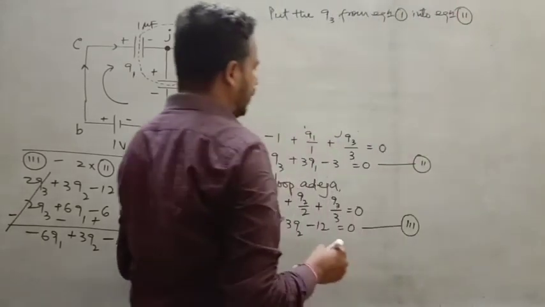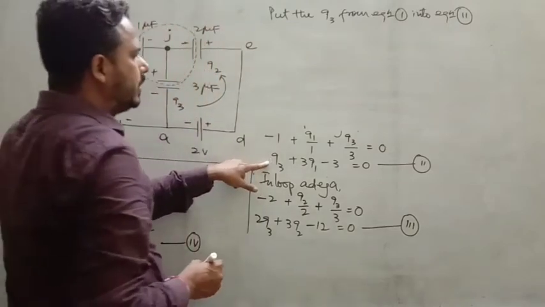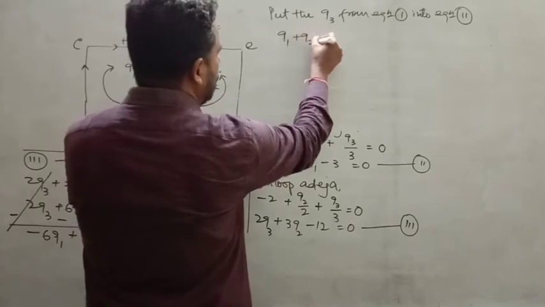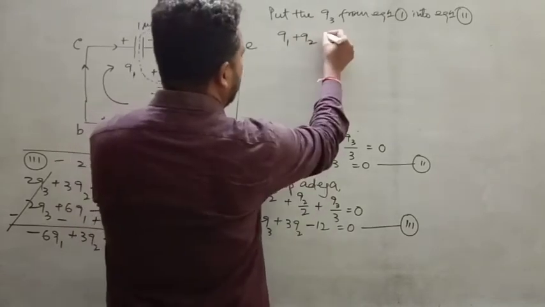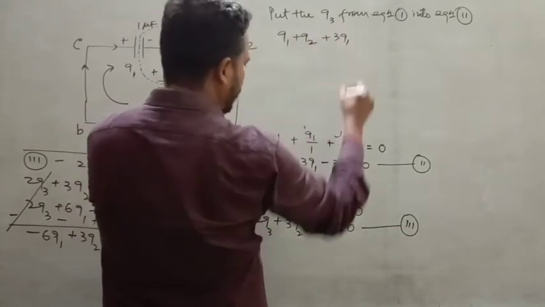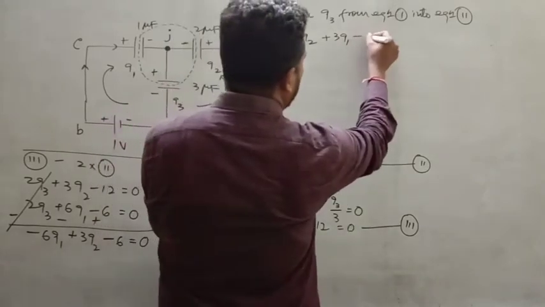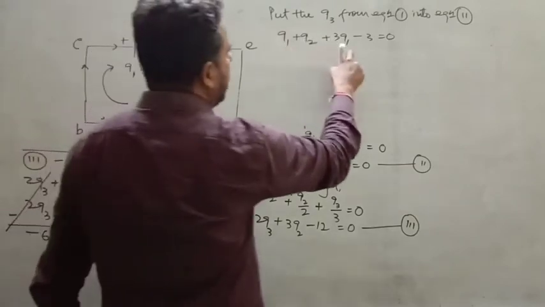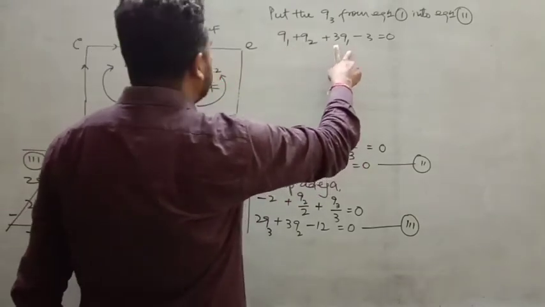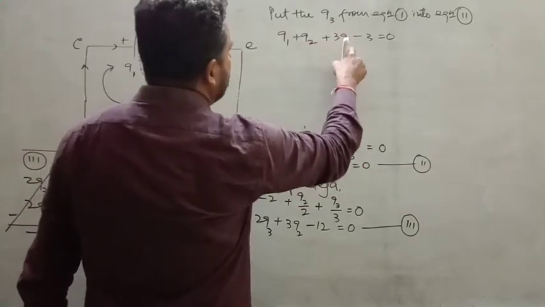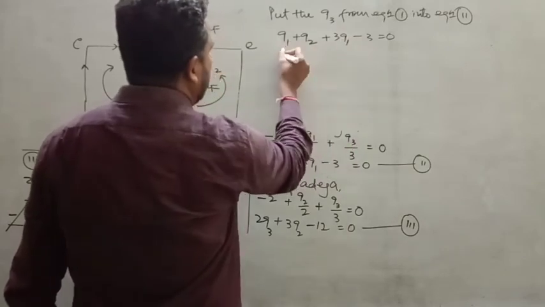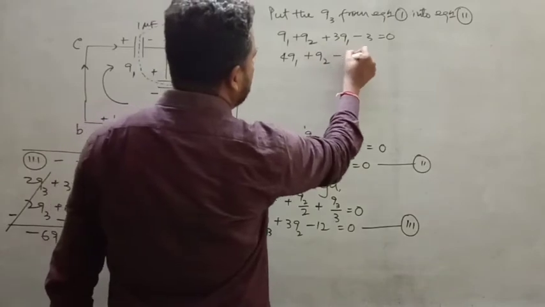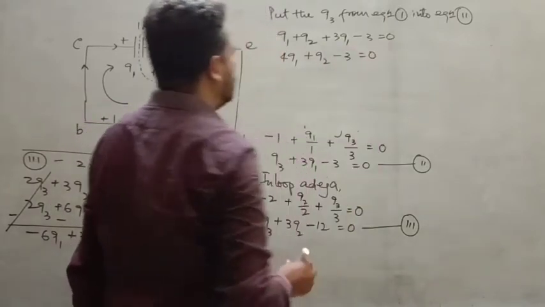So from here what you will get: q3 is equal to q1 plus q2, now plus 3q1 be there, minus 3, and this is equal to 0. After simplification, from here you will get how much? This one is 3q1 and q1, that is 4q1 plus q2 minus 3, that is equal to 0.